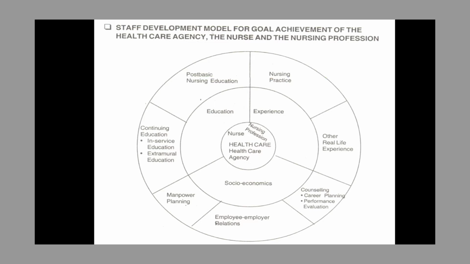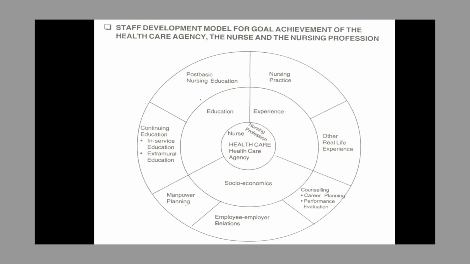Then comes their education, experience and socioeconomic status. Then in the outer border, it's given manpower planning, employee-employer relationship, and then counseling, career planning, performance evaluation. Then in the experience context, they have given nursing practice and other real life experience of the nurses.